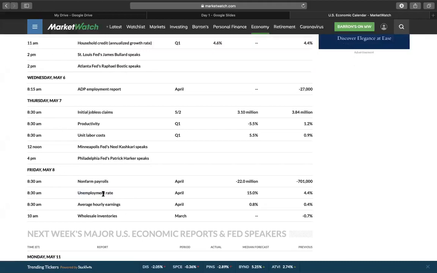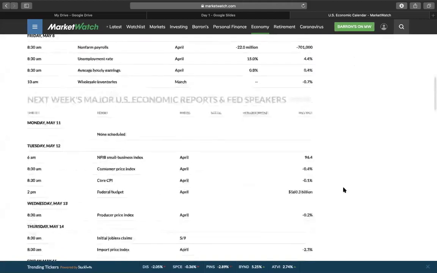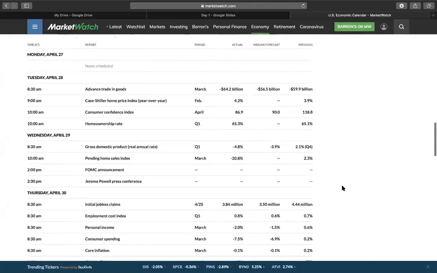Unemployment rate, right? This is going to be pretty important, and jobless claims too. We don't have to worry about that tomorrow, but we're going to have to worry about that on Thursday, right?